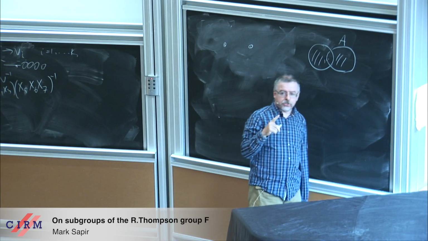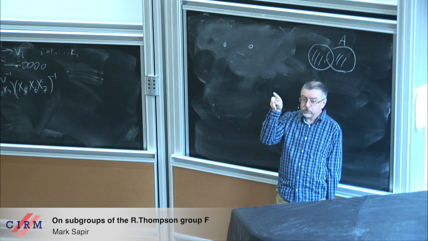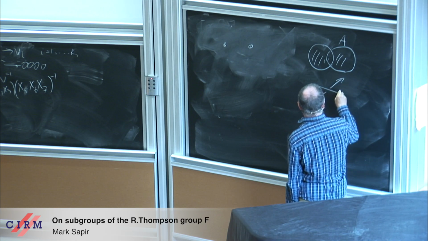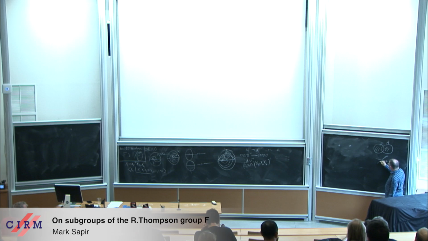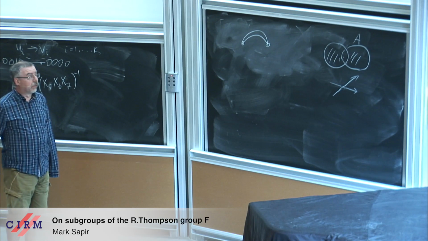Now, there are two types of crossings, right? The positive crossing and the negative crossing. It depends on how you trace. So this is, for example, positive, and the other one is negative. In this case, both of these crossings are positive, so you just put something like that. It looks like a diagram already, but not exactly. OK, so this is the first step. You do this.